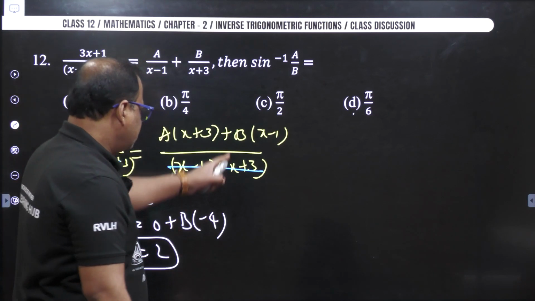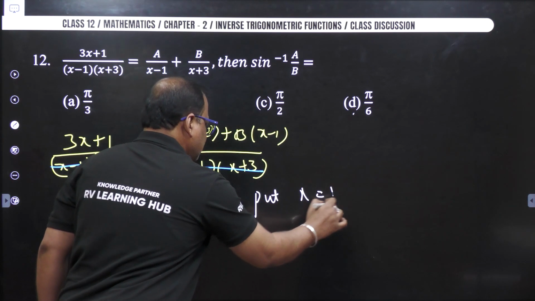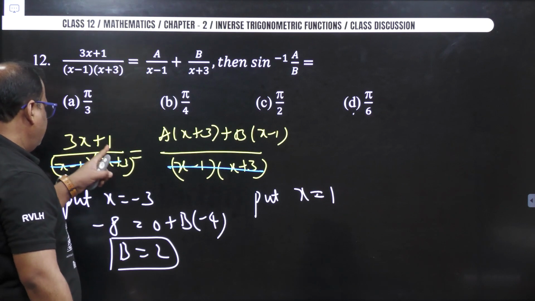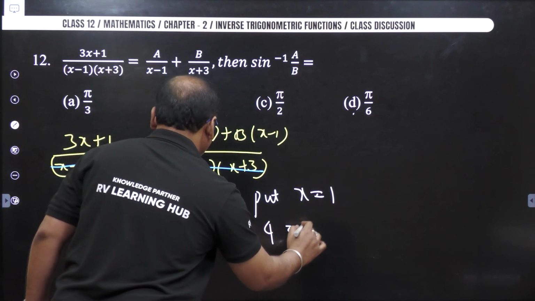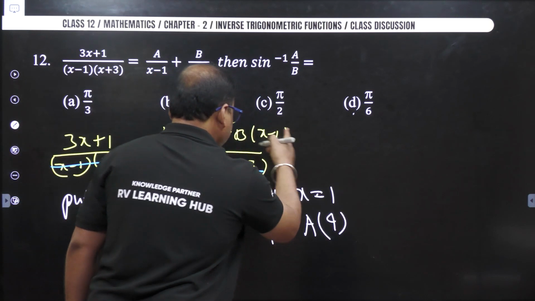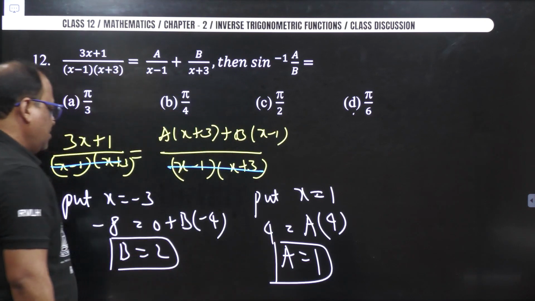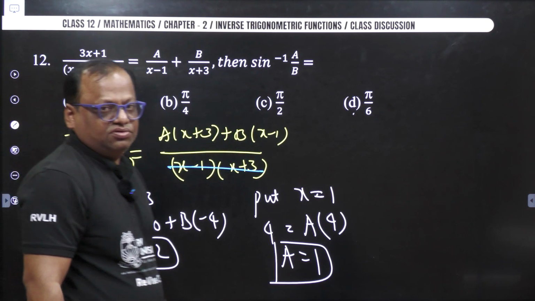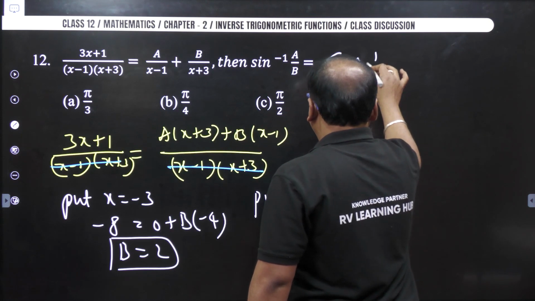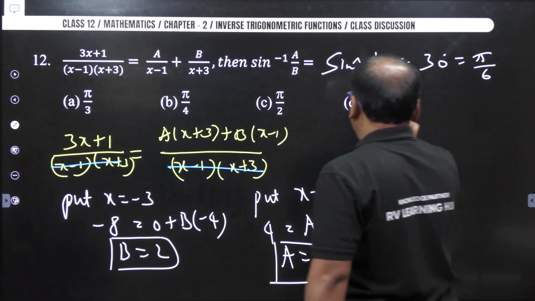Next, cancel this one. Put x equal to 1. Then what happens? 3 plus 1 is 4, a into 3 plus 1 is 4. So this will be 1 minus 1, 0. So a is equal to 1. a is equal to 1, b is equal to 2. So the final answer will be sin inverse of 1 by 2, which is 30 degree, pi by 6 will be the answer.